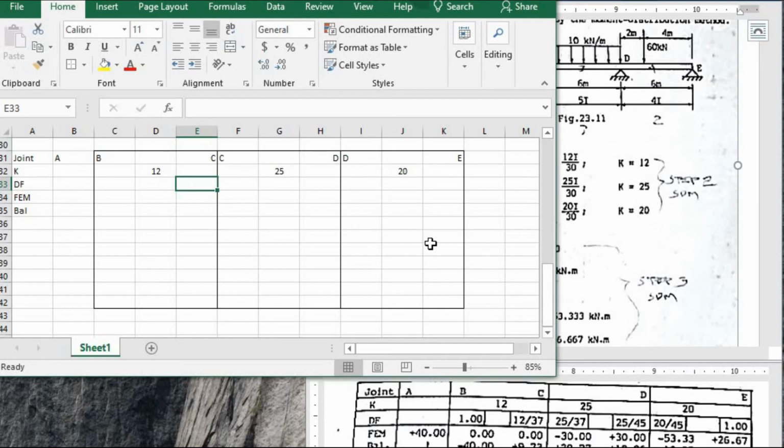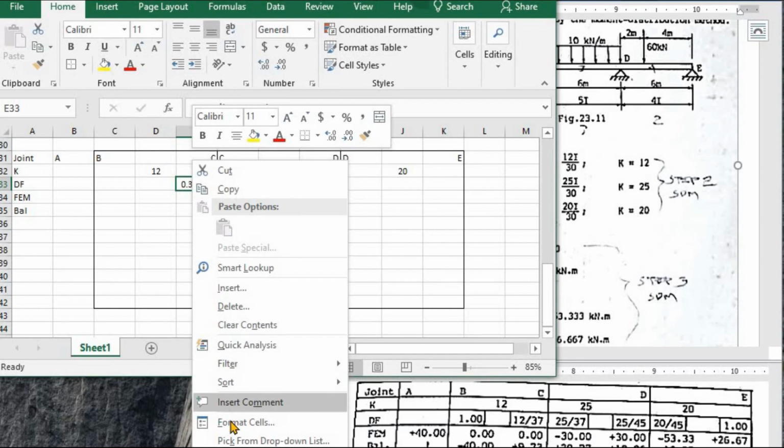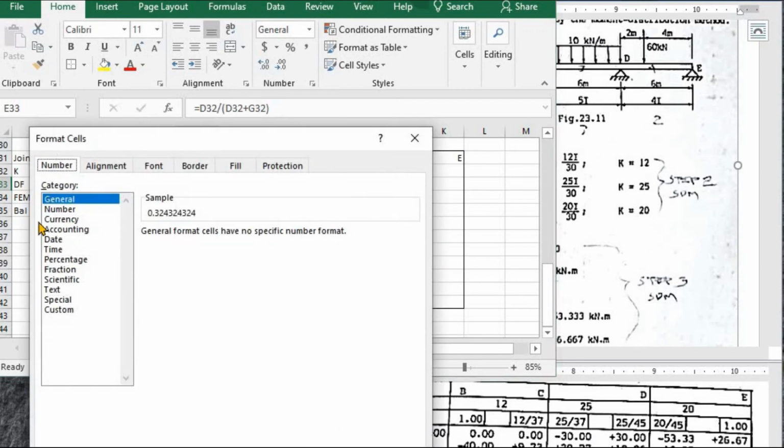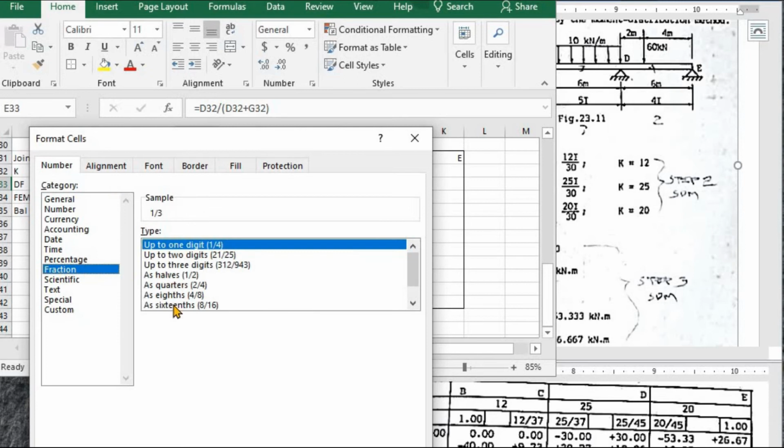For point C, you have here equal, tapos K divided by summation K. And that is yung 12 plus 25, then close. Let's check kung 12 all over 37 yan. So, i-click mo lang yan. Then, right-click, format cells. Tapos, fraction. Gawin mo 3 decimal places.